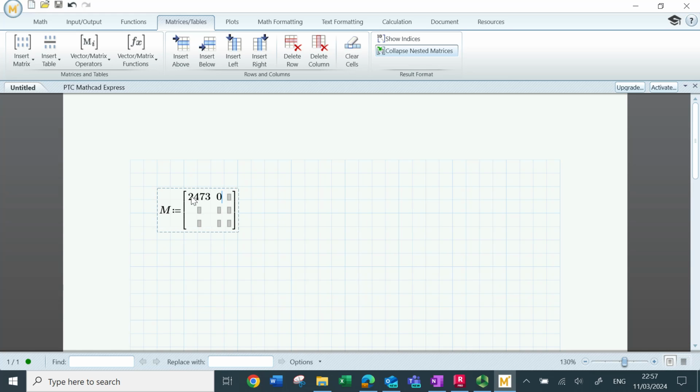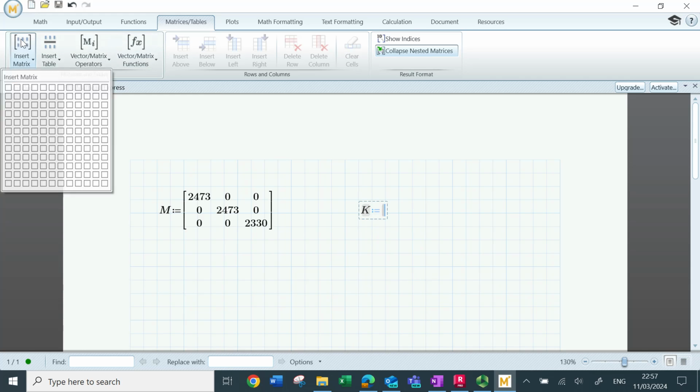So this is free software. Two three three zero, and K equals again 3 by 3.